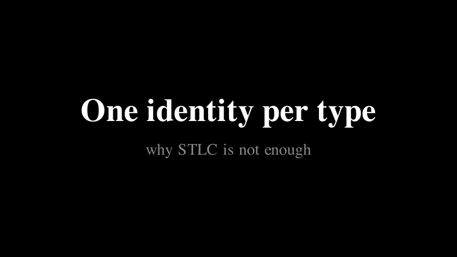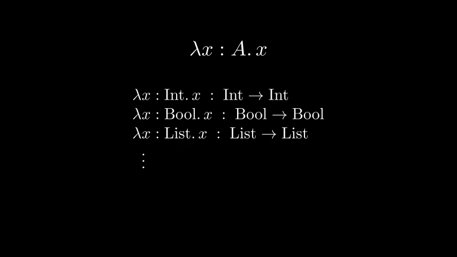STLC can express a lot, but it cannot express every function we actually want to write. Consider the identity again. This definition works for any type A. Integers, booleans, lists, anything. But in STLC, we have to fix A up front. So in practice, we end up with a separate identity per type.